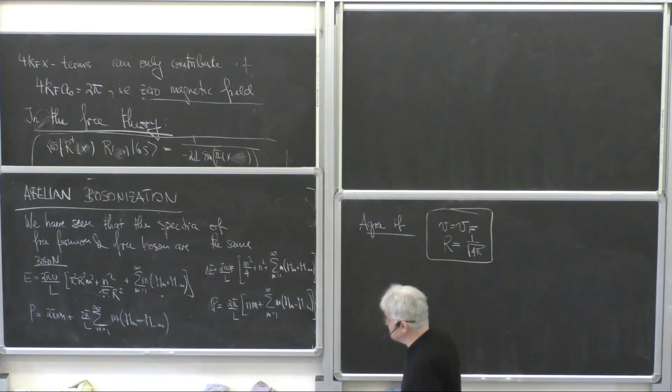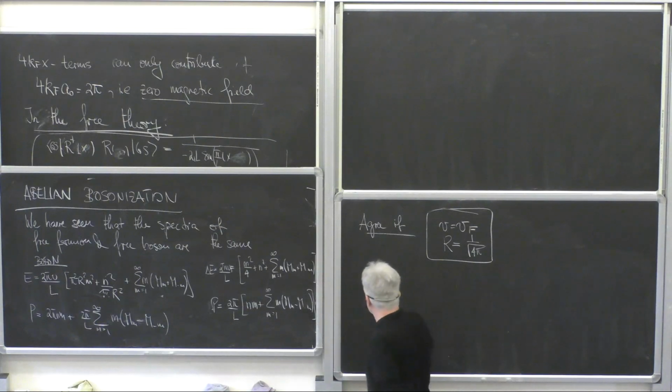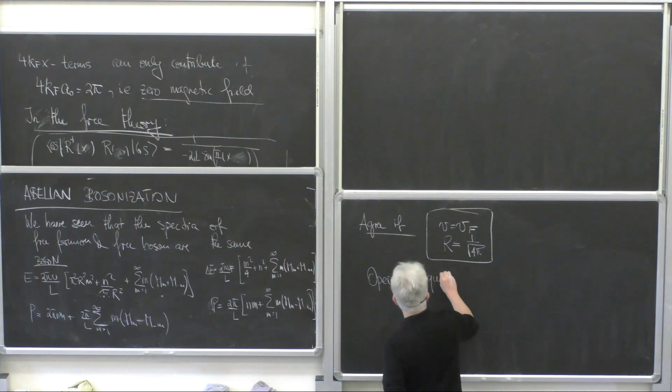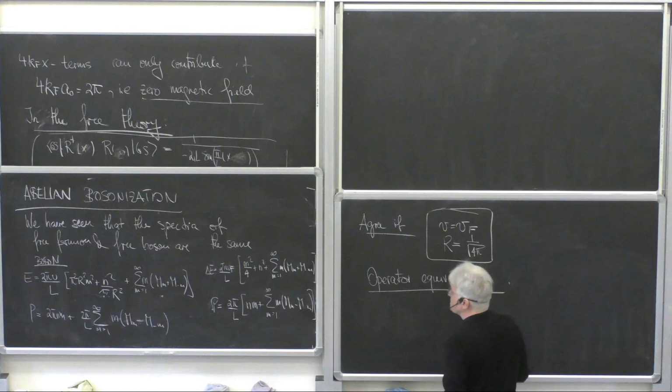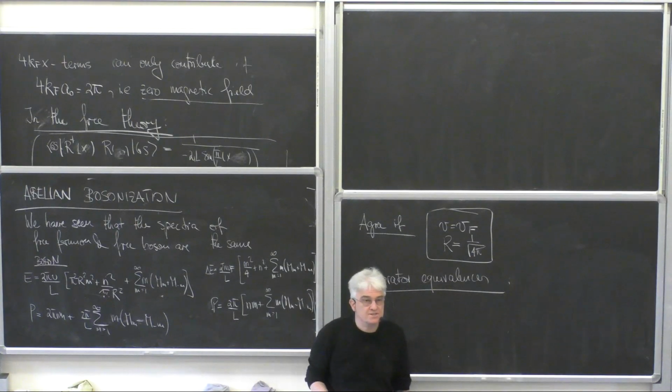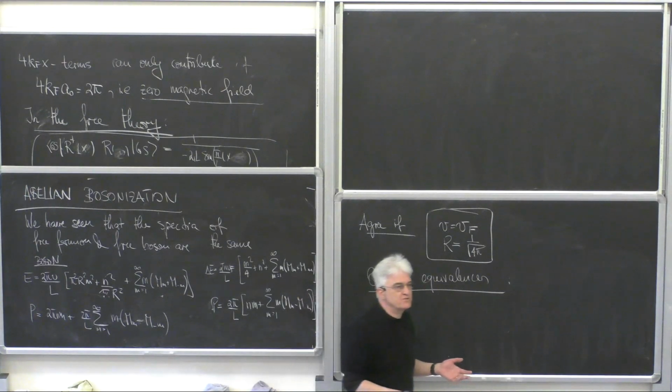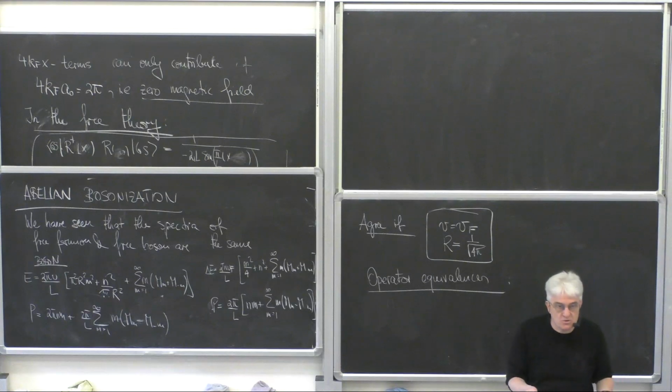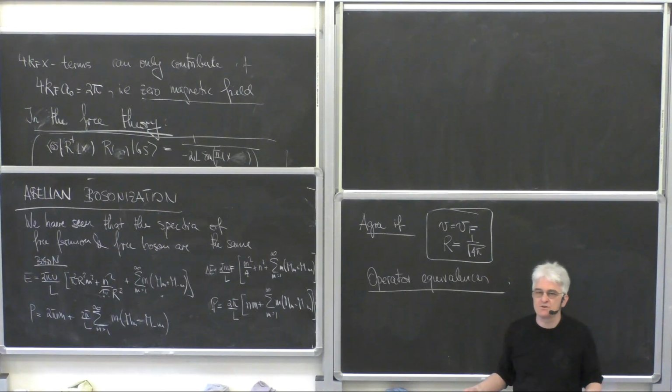And we can go further because we can identify operators by looking at correlation functions. What we saw in the free boson, I showed you how to compute two-point functions of vertex operators, and the same calculation you can use to calculate n-point functions of vertex operators.